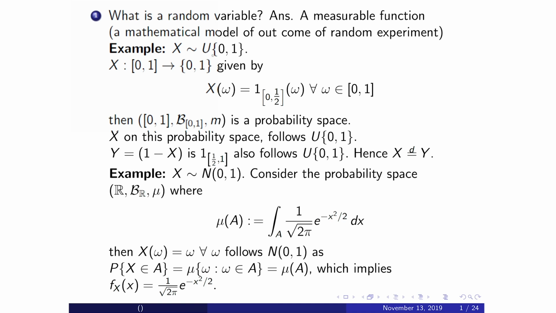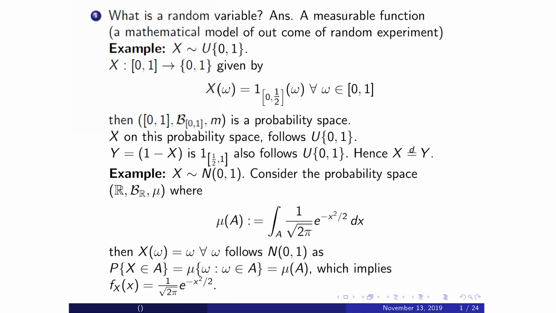We are taking a function X from the interval [0,1] to the binary set {0,1}. On the left-hand side you have the closed interval [0,1] and on the right-hand side you have the binary set {0,1}, and this function is given by X(omega) equal to the indicator function of the interval [0, 1/2], evaluated at omega.